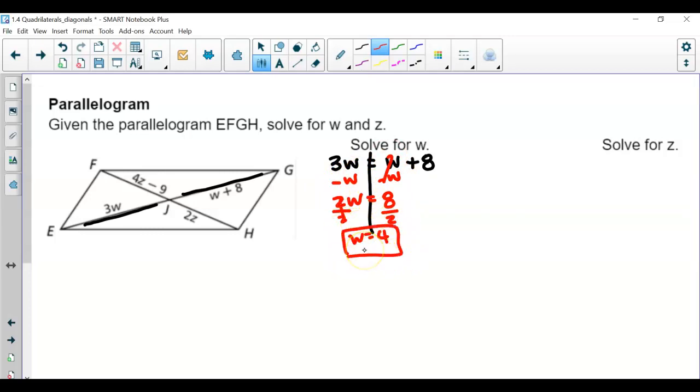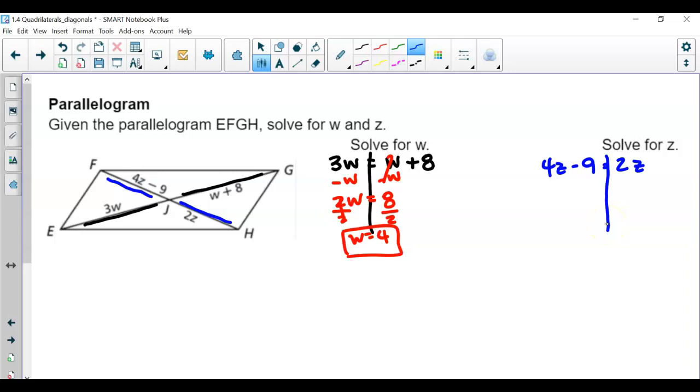Go ahead and pause the video and solve for Z on your own. And here we go. You should have seen that here are two terms with Z on that same diagonal that are being bisected. So they are equal to each other. 4Z minus 9 is equal to 2Z. Then go ahead and solve.